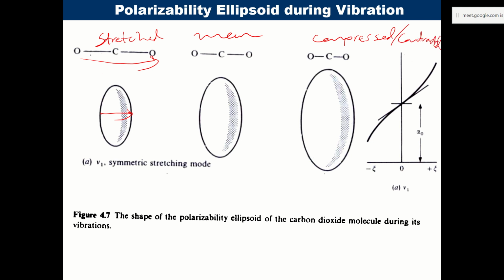So there is a change in shape and a change in size of the polarizability ellipsoid.